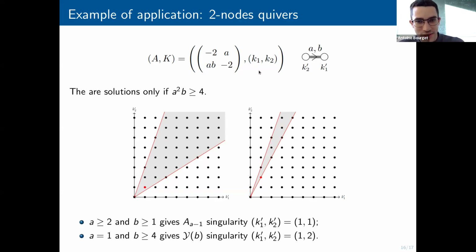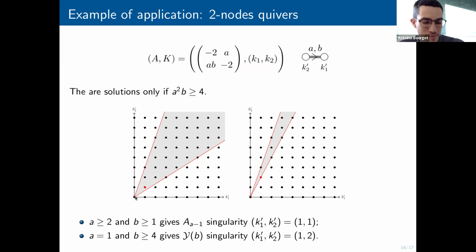Then you can easily check that you have solutions, meaning quivers which are good and which have nothing that they can decay or fission to, if ab is larger than 4. And then you have some optimization like this. You can make a plot where K1 and K2 are on the axes. Each point represents a quiver. If you are in these cones, then you can decay or fission to lower ones.